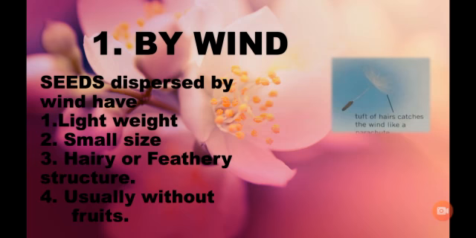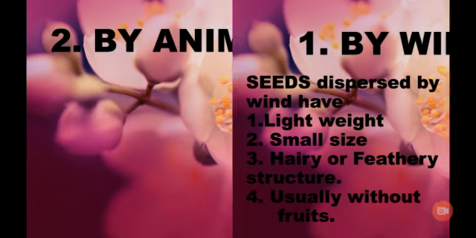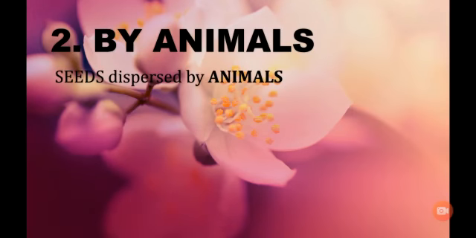As you can see in the picture, these are two different varieties of seeds that are dispersed by wind. They have no fruit around them. They have a very small structure. They have feathery structures, and they are very light in weight. Those seeds that are dispersed by animals are covered by fruit. On that fruit, the animals feed, and hence the seeds are exposed.